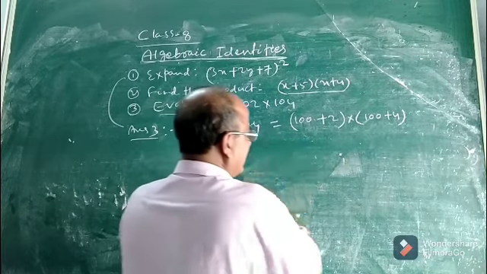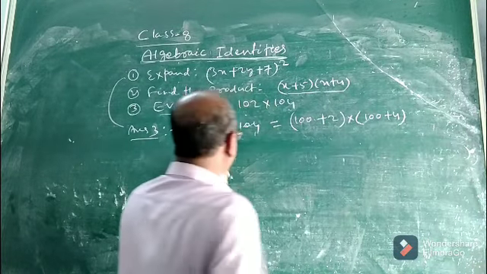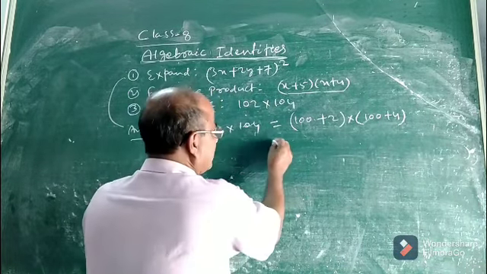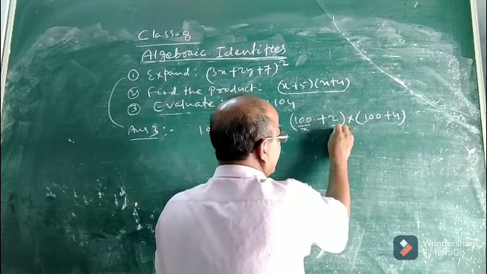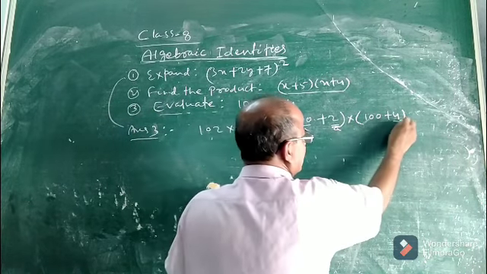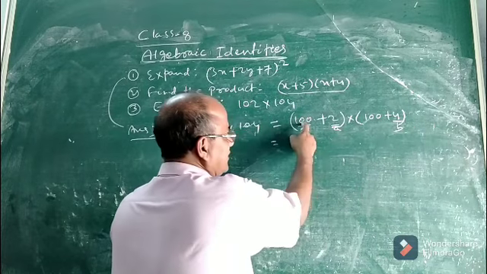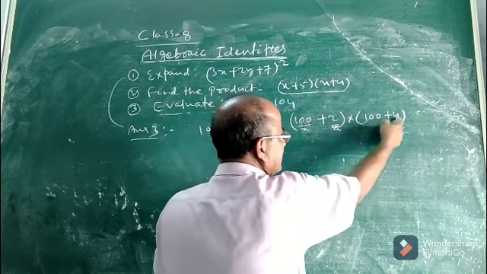See, now first let us break these two in this form. Take this one as x, this one as a, this is x, this is b.